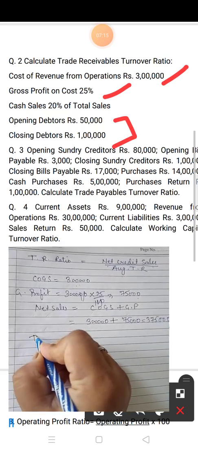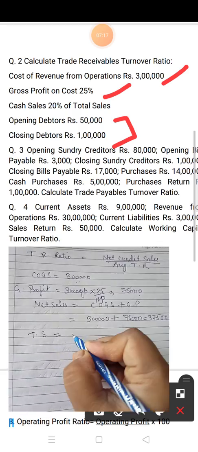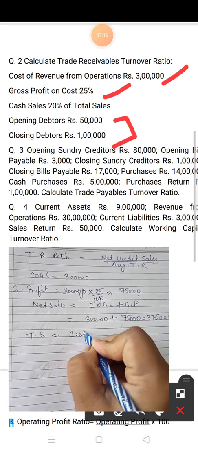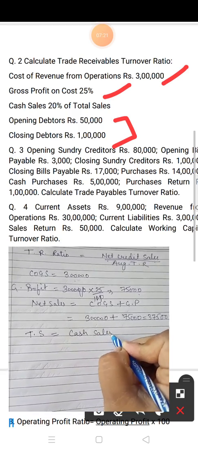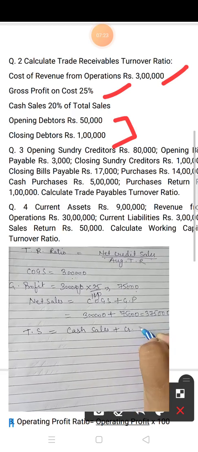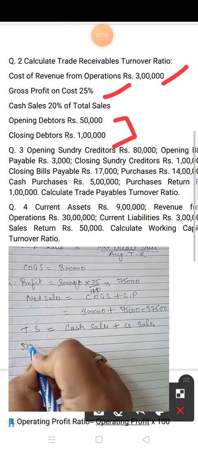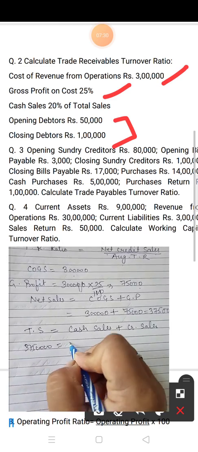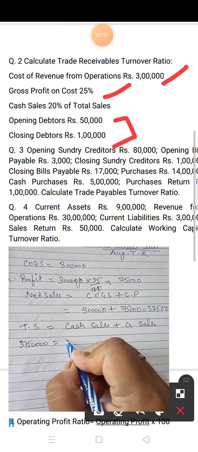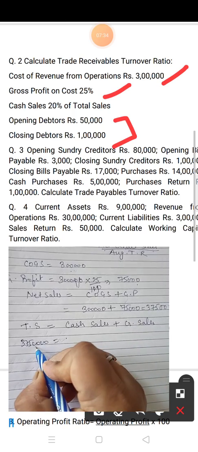Now you have to find out the credit sale. So credit sale formula is total sale is equal to cash sale plus credit sale. Total sale is 3,75,000. Cash sale is given 20% of total sale.